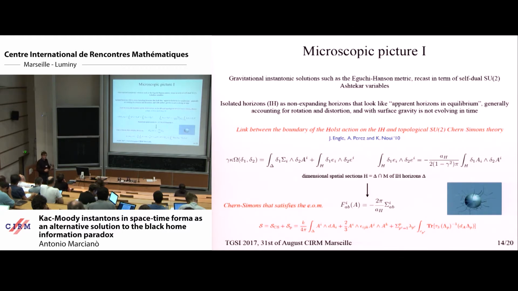You can take this isolated horizon as a 2+1 dimensional manifold and intersect it with the spacetime manifold, and you have these SU2 special slices. On the SU2 special slices you have a theory which is basically Chern-Simons.